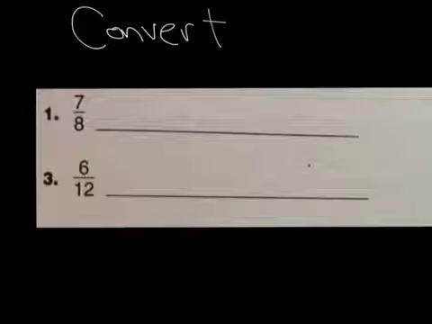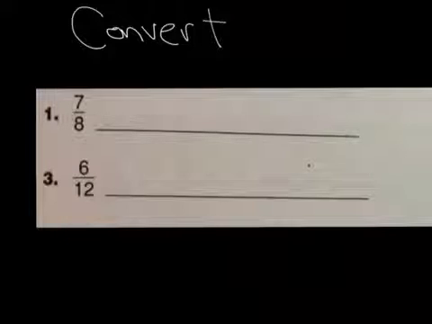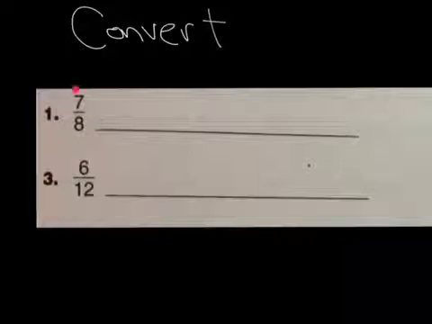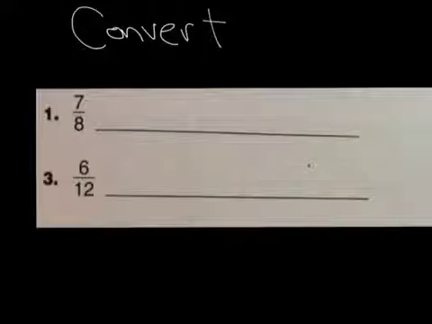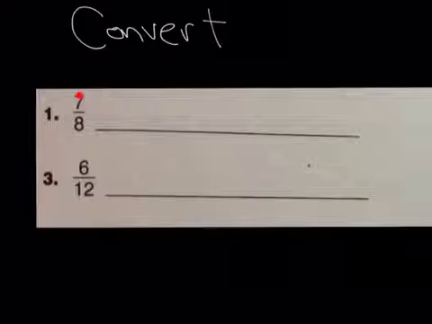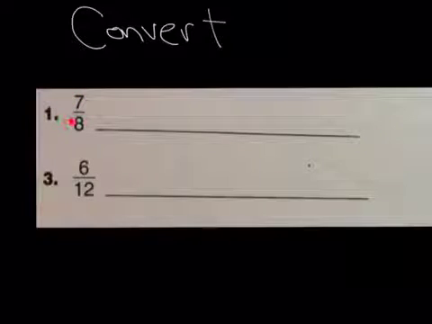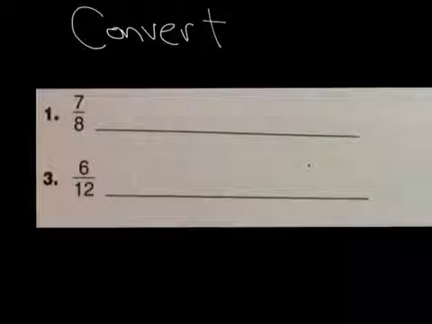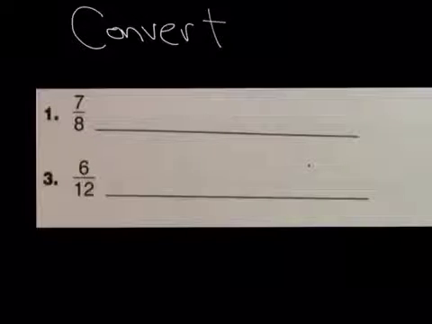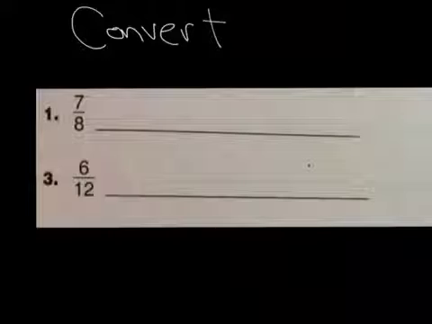Okay, let's convert. We must start by converting this fraction into a decimal and then multiply by 100 to get the percent. So it will be 7 divided by 8. Or you can just simply do what I've taught you in the past with the trick, where you turn this into a 70.